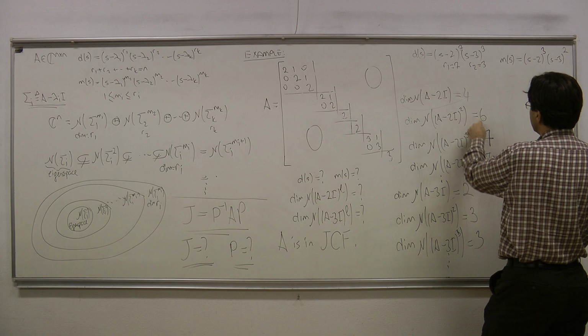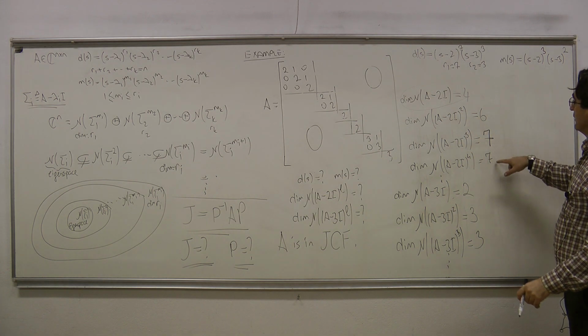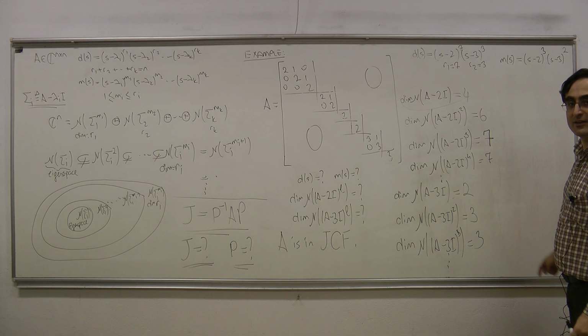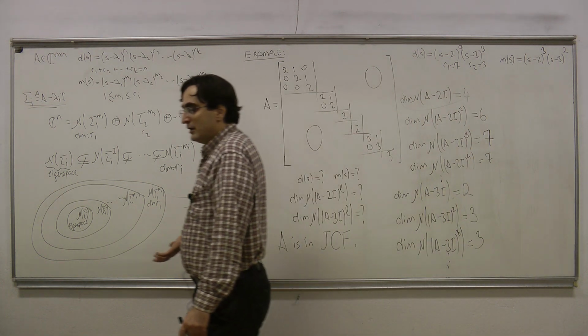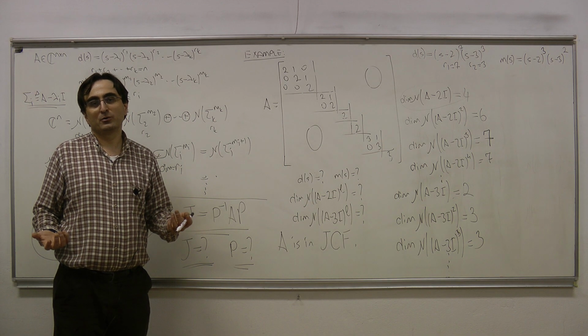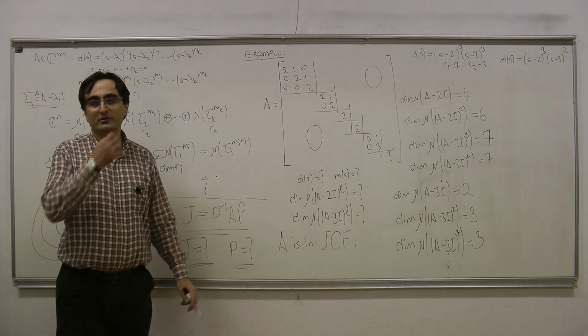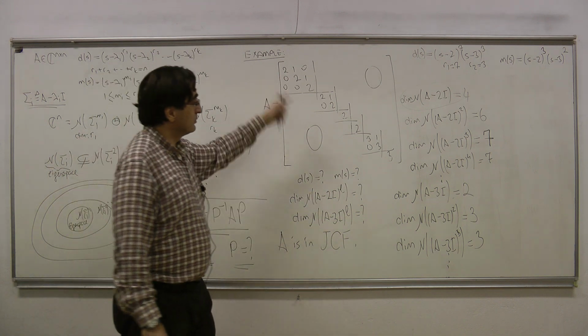That is why this increase happened. And what about this increase? It is not an increase from 7 to 7. So the increase is 0. What is that 0? It is the number of Jordan blocks whose size is larger than or equal to 4, belonging to the eigenvalue 2, which is 0 for this matrix.